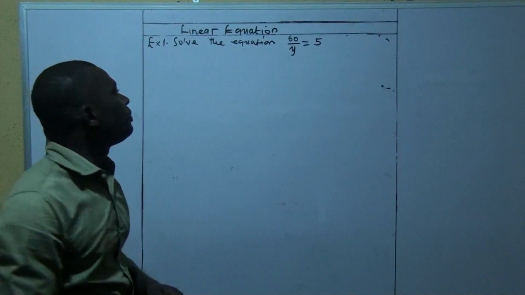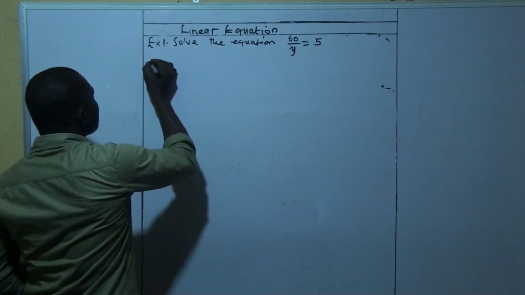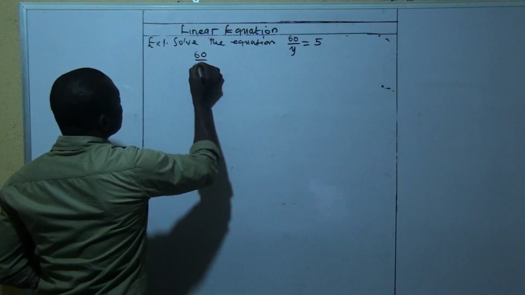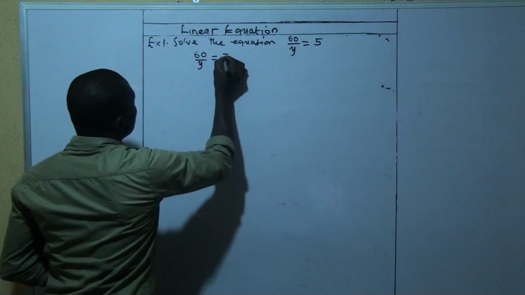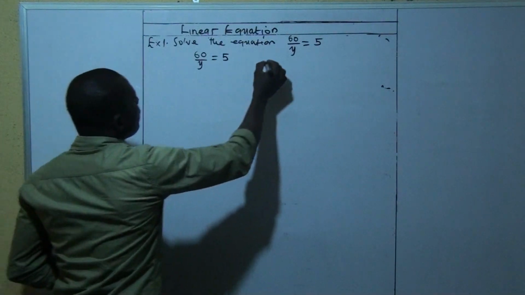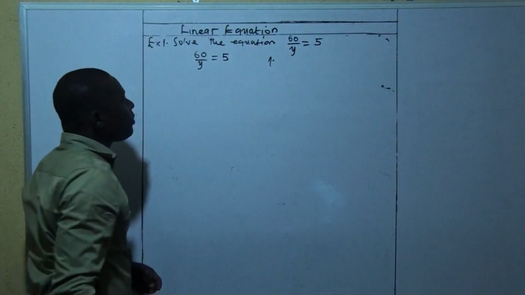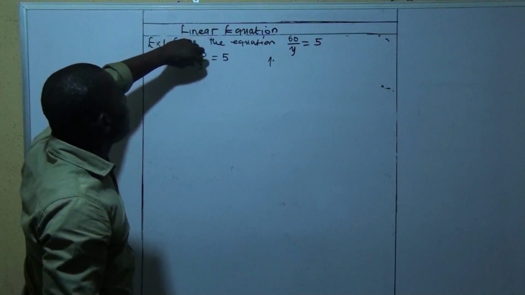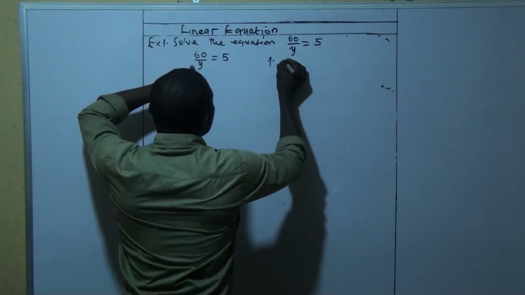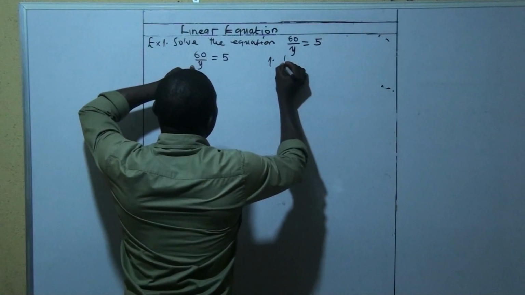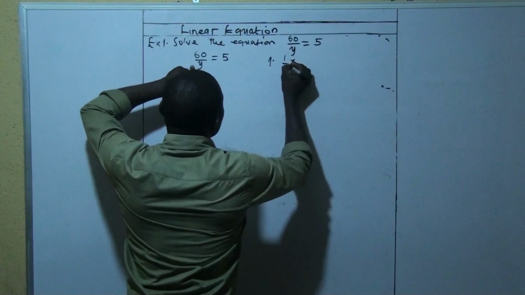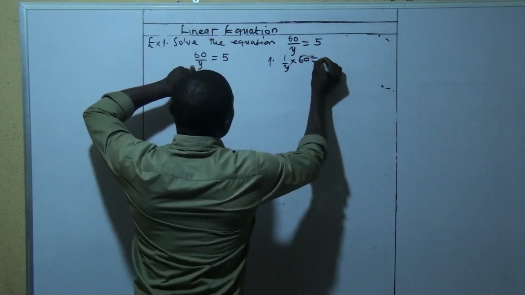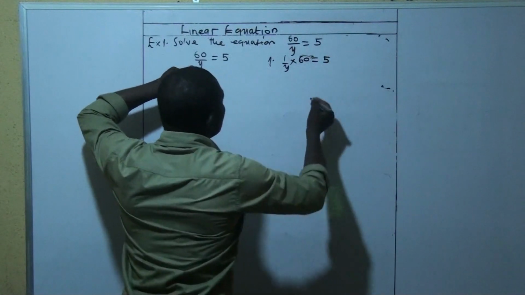It's very easy. Like I said, the first step is that we should separate the constant term. The constant term here, the a, is 6, and then the unknown term. This simply means 1 over y times 6 equals 5.